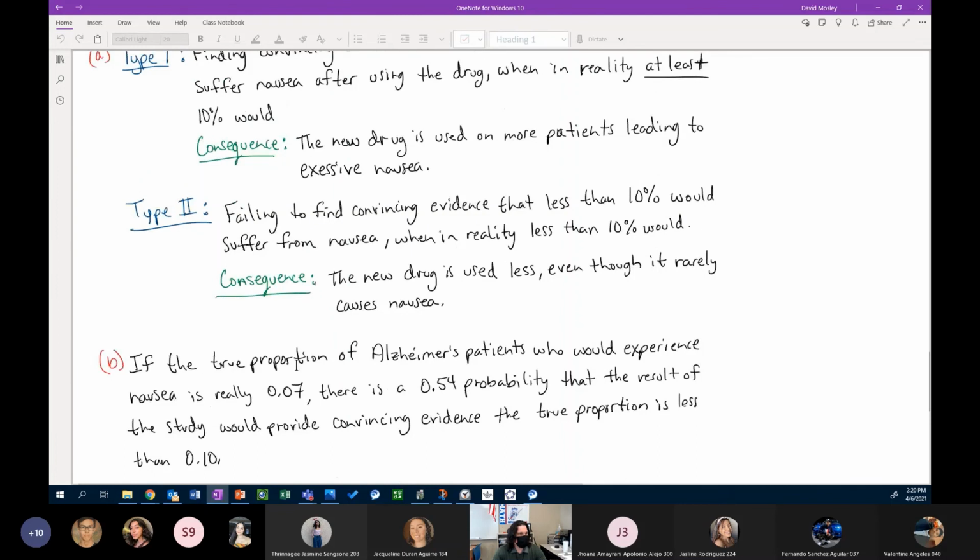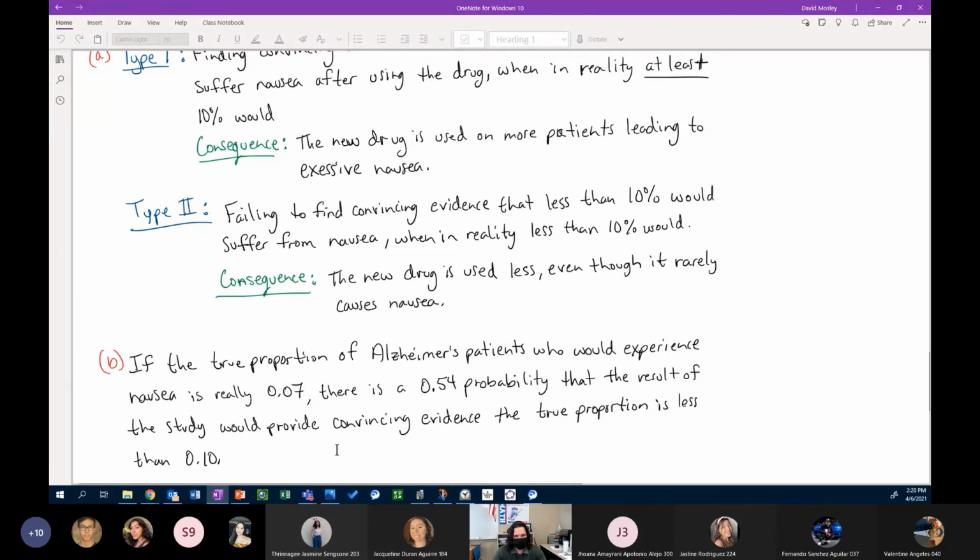Part B, if the true proportion of Alzheimer's patients who would experience nausea is really 0.07, there is a 0.54 probability that the result of the study would provide convincing evidence the true proportion is less than 0.1.